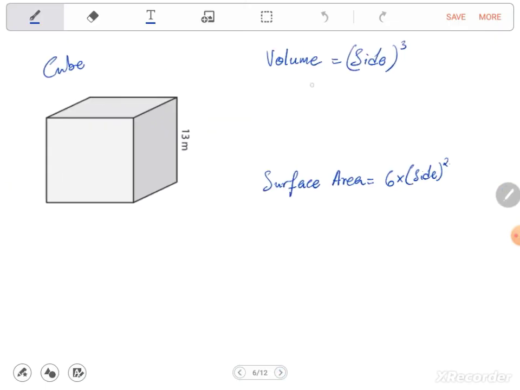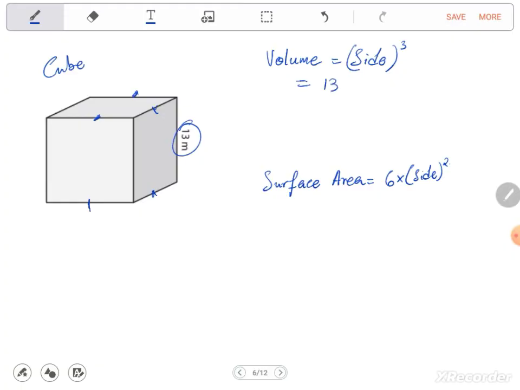We're looking at the cube. With the cube, we say the volume of the cube is side cubed. In this case, we have a side of 13 meters. Remember, this one is 13 meters, this one is 13 meters, and so on.